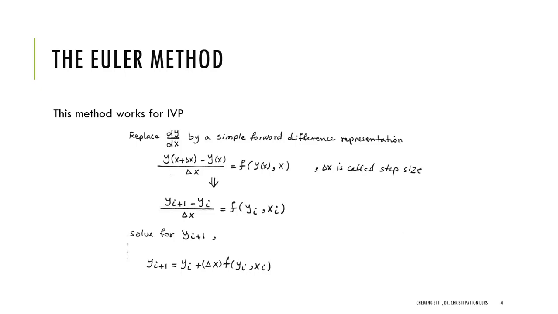So it's the ith value of x plus a Δx, plus 1 Δx. And so by using this forward difference method, we get that y_{i+1} is equal to y_i, so the y of x that I started with, plus Δx times the function evaluated at y and x. So that's the Euler method.